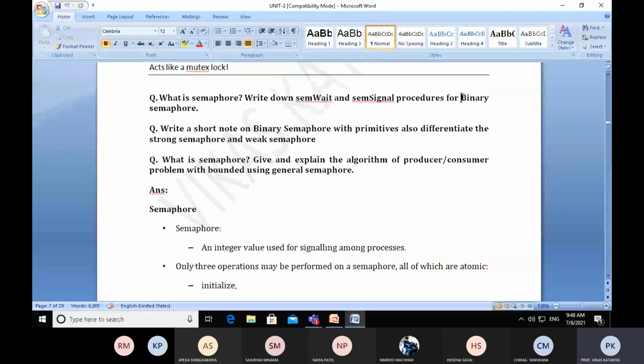And a decimal semaphore is also available. In the decimal semaphore, if one process enters the critical section, the semaphore value is converted from 0 to 1. If that process goes outside the critical section, it may be converted from 1 to 2.